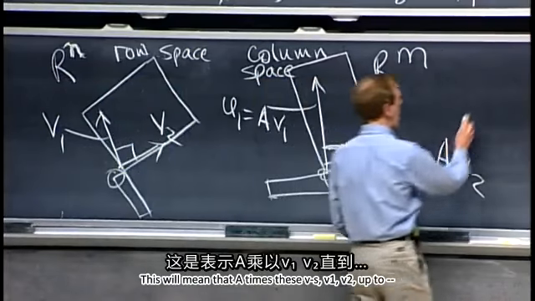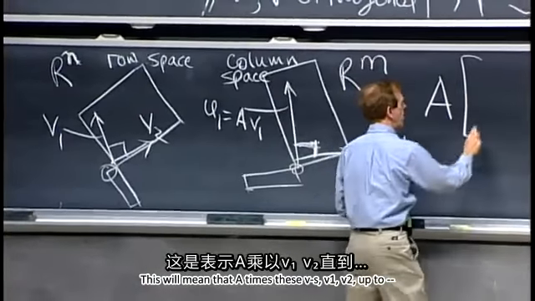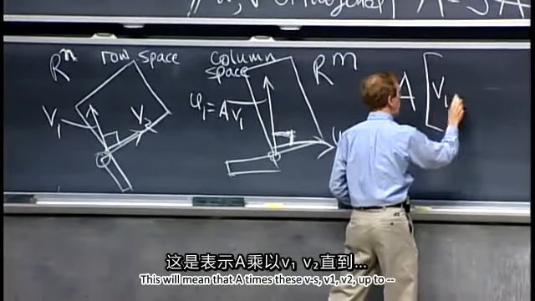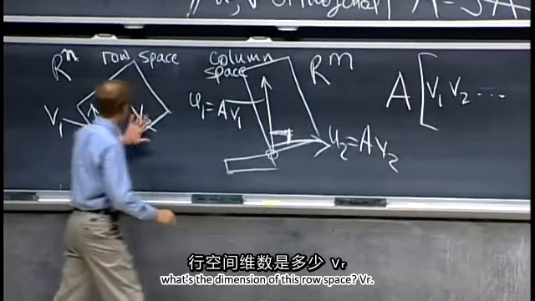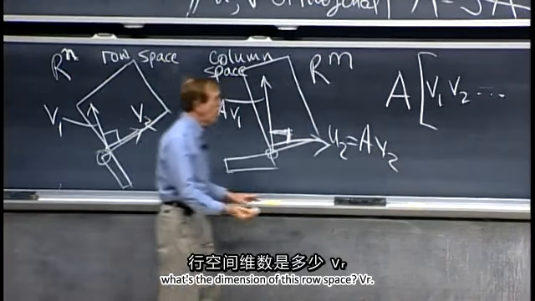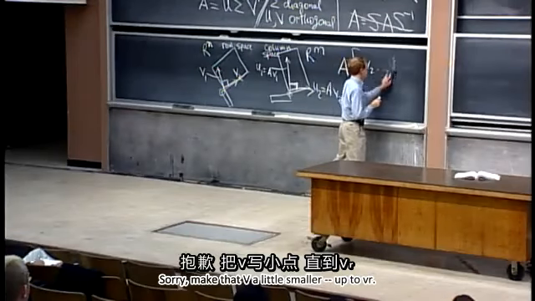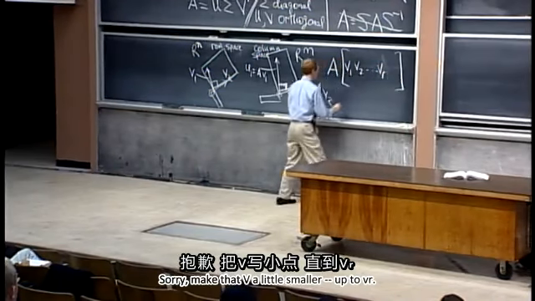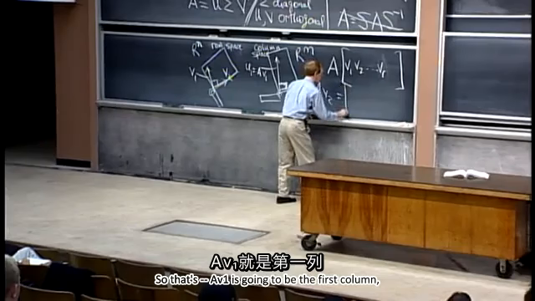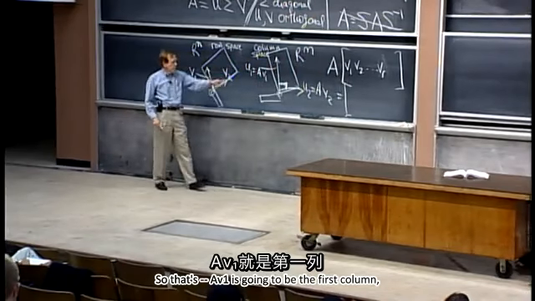This will mean that A times these V's, V1, V2, up to, what's the dimension of this row space? VR. Sorry, make that V a little smaller. Up to VR. So AV1 is going to be the first column.